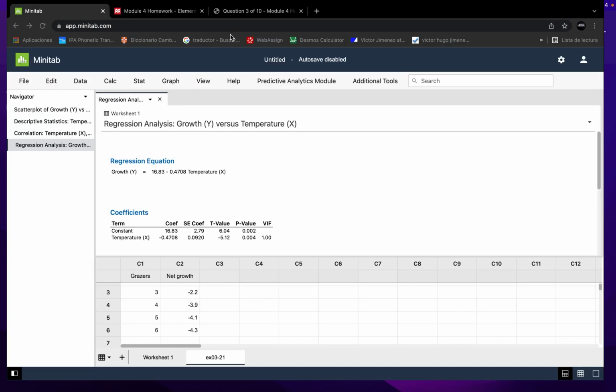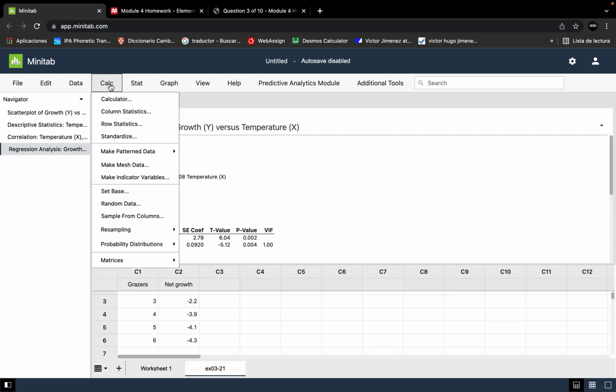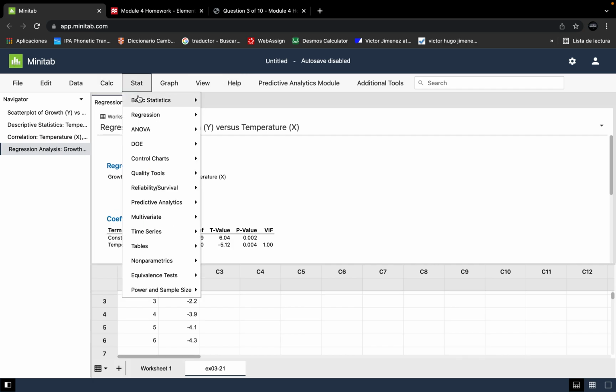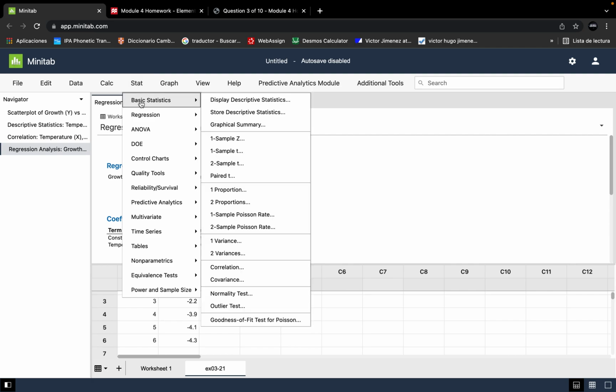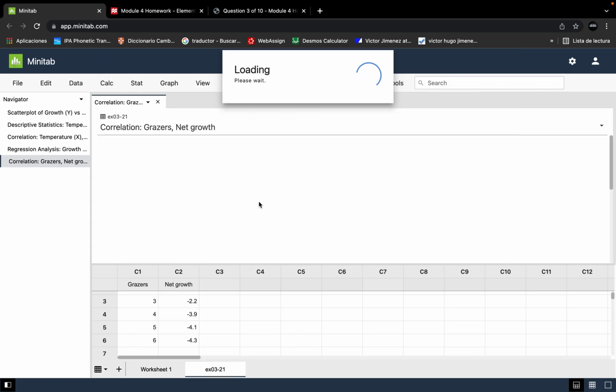So for the correlation coefficient, again go to Basic Statistics, and look for Correlation. It's this one. You can erase this, enter the two variables. You don't have to enter them in order, no problem. And this is for the correlation only. Then just click OK.